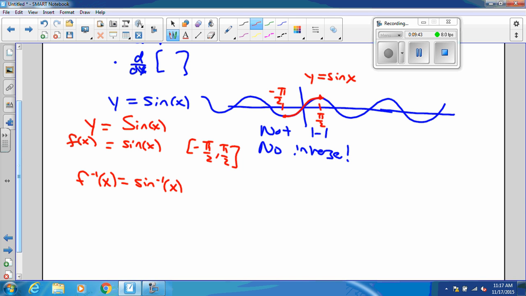It takes trig ratios and gives you the angle that they came from, but only an angle in the first or fourth quadrants. It takes a ratio in the domain negative 1 to 1 and gives an angle from negative pi over 2 to pi over 2.